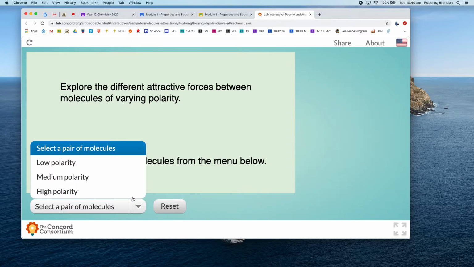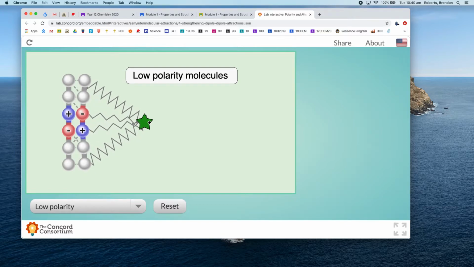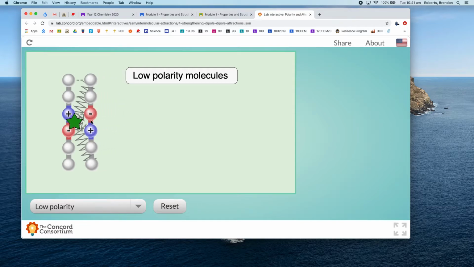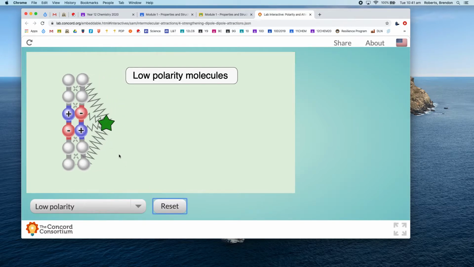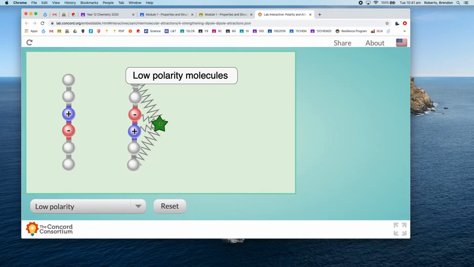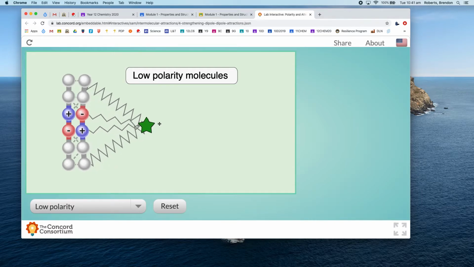What you need to do is select a pair of molecules. Let's do low polarity. And what you need to do is click and drag on this star and it gives you a relative force of how much you need to pull apart. All right, let's do it again. You can also hit reset. So you pull it out to about here and it overcomes those attractive forces between the positives and negatives there.